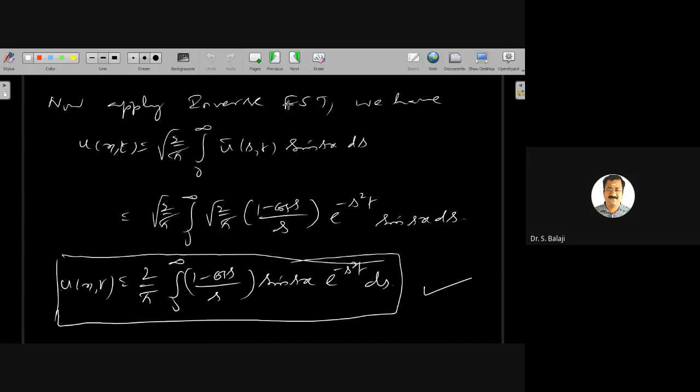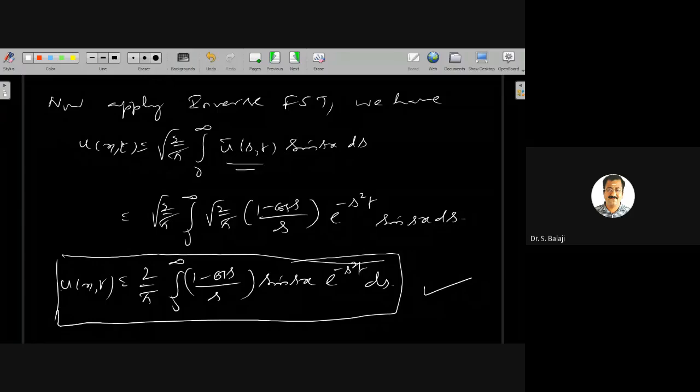We have u of x comma t equal to root of 2 by pi, instead of f of x, u of x comma t, whose Fourier transform is u bar s comma t. So root of 2 by pi times the integral from 0 to infinity of u bar s comma t sin sx ds.